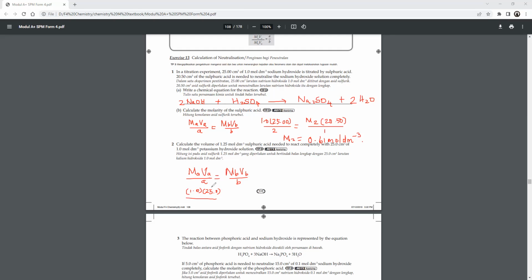Over the number here, it is 2, equals to molarity of B of acid, molarity is 1.25. Volume I don't know. Acid, divide by the number here, is 1. We multiply 25 divided by 2 divided by 1.25. So you get 10. Volume is 10 cm cube. That's all.